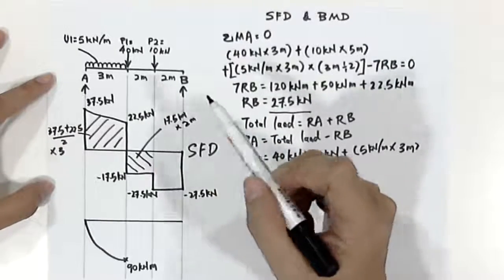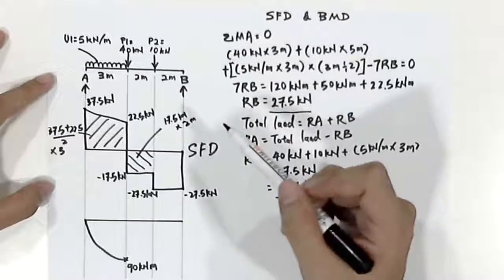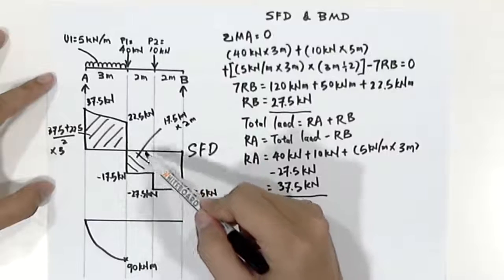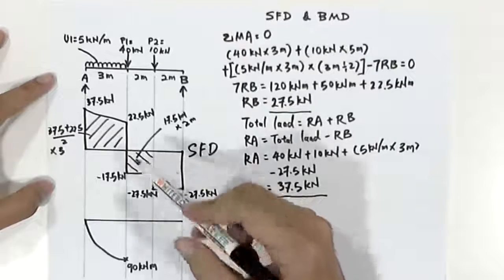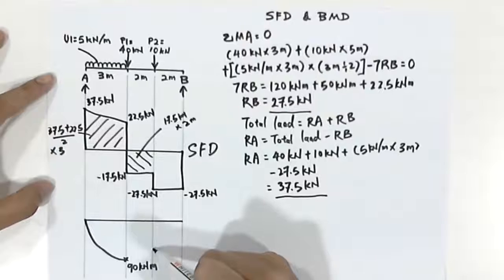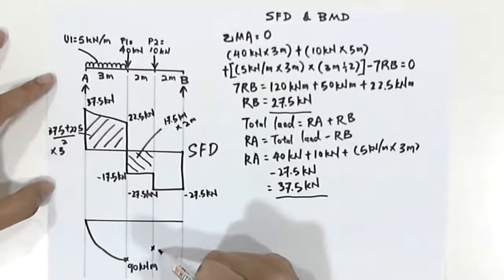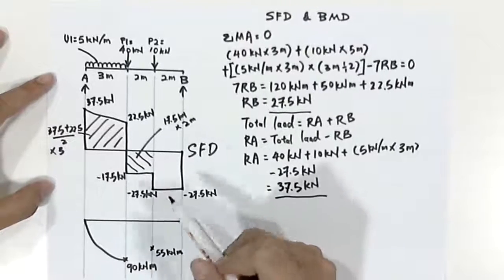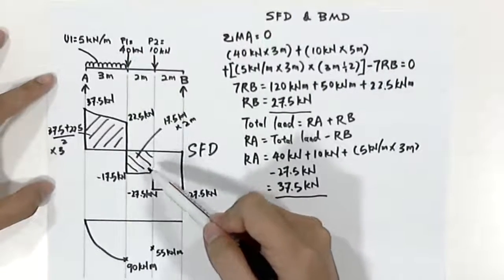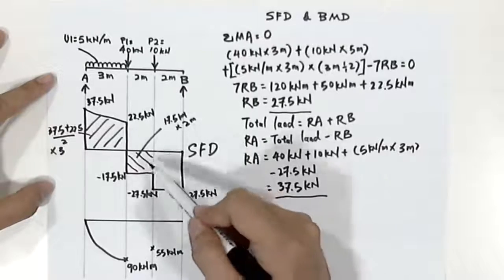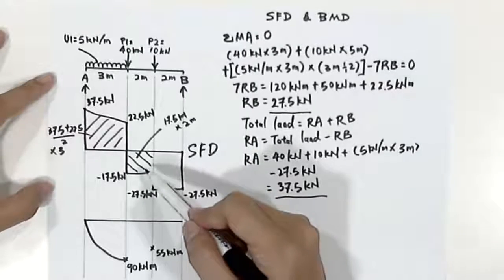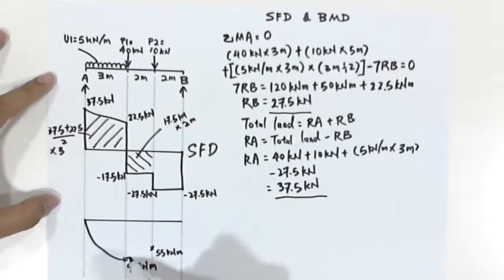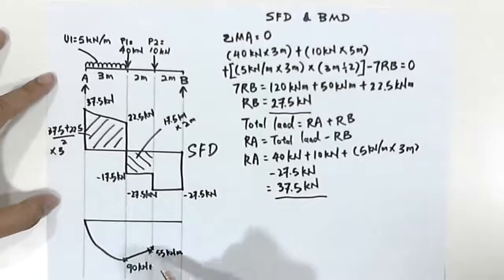So what we'll have here is that the total area deduct the new area will get a value of 55 kilonewton meter. And you see that since it is a straight line in the shear force diagram, therefore we'll draw a linear line in our bending moment diagram. So that we draw a linear line.